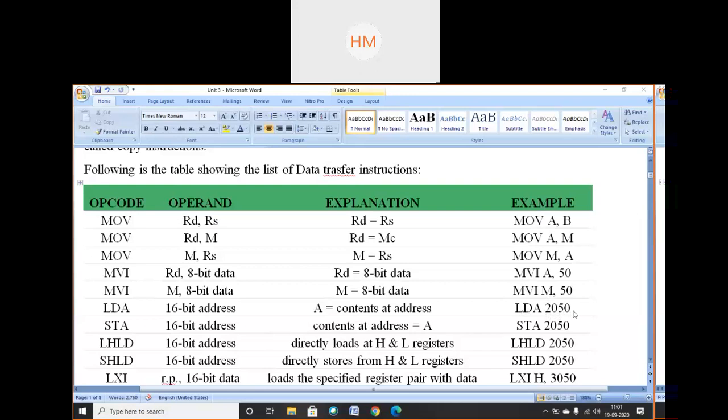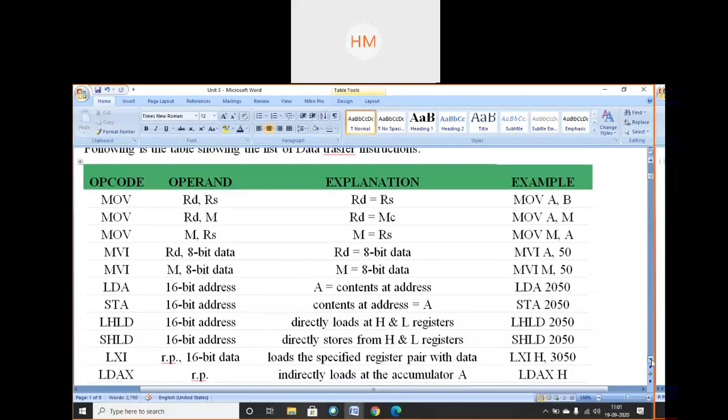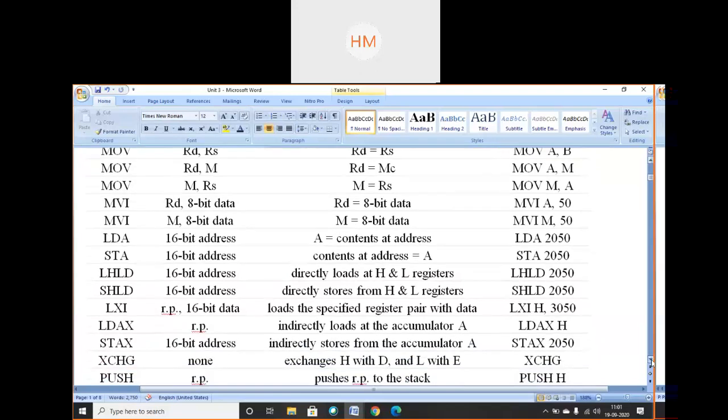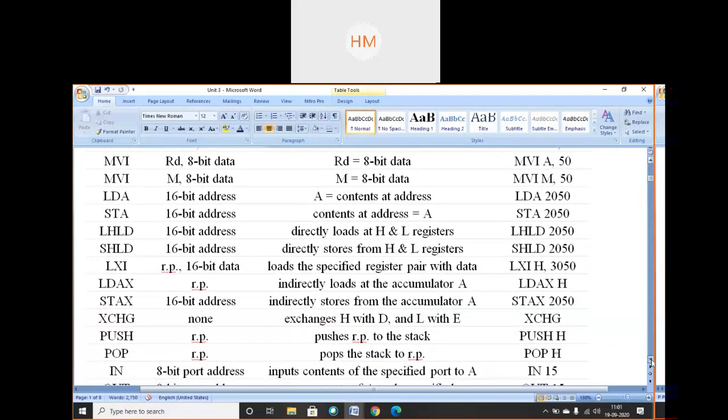It will be written like this. Clear? Then STA stores the contents of the accumulator into the address specified in the instruction. Clear, students? We are just revising all the instructions which we have discussed earlier.